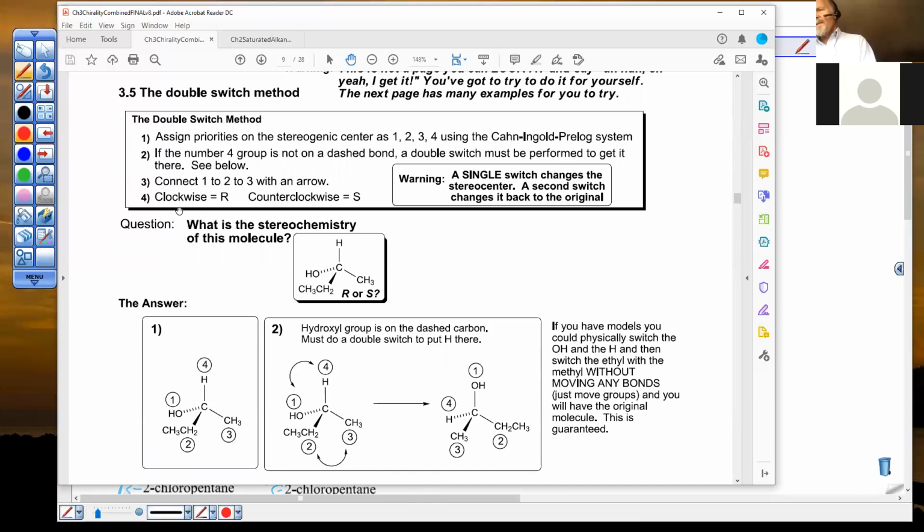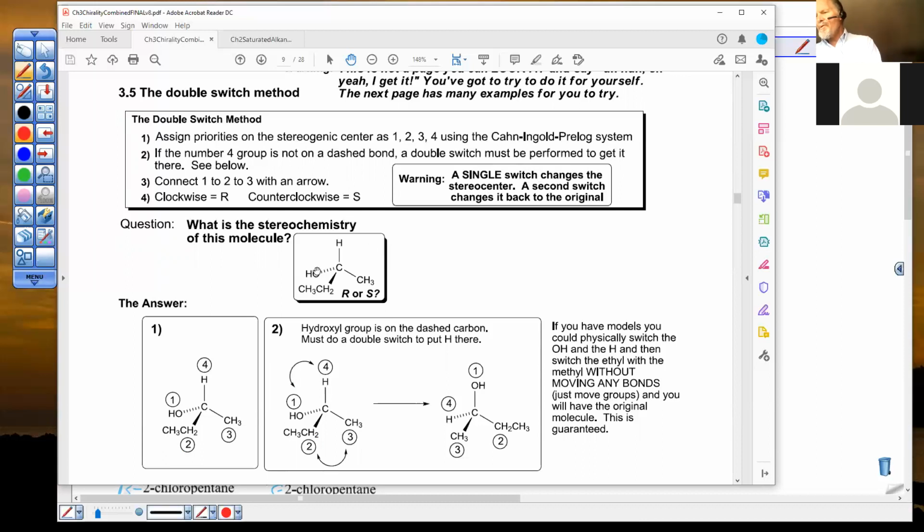So we're supposed to do the normal steps of assigning priorities on the stereocenter. And then this method is needed if the number 4 group is not on a dashed bond. That's one that's behind the page if you forgot. You should do a double switch to get it there. Okay, so we're going to do the double switch and then connect our 1, 2, and 3.